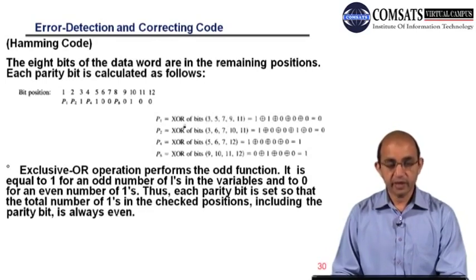You can see that we have an XOR operation between bits 3, 5, 7, 9, and 11. Here we have the XOR operation for P2 over bits 3, 6, 7, 10, and 11, for P4 over bits 5, 6, 7, and 12, and for P8 over bits 9, 10, 11, and 12.